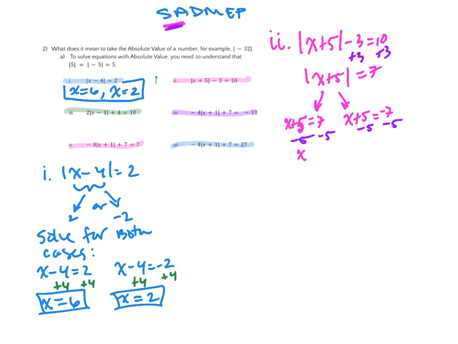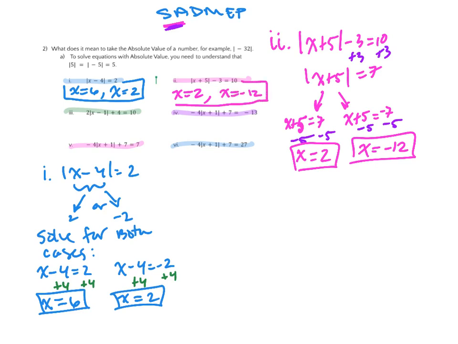What is that? 2, I think. And then, ooh, this is more negative. So negative 12. Interesting. And really what's happening is that there's a graph. So my x-intercept is happening at these 2 locations. Pretty neat.